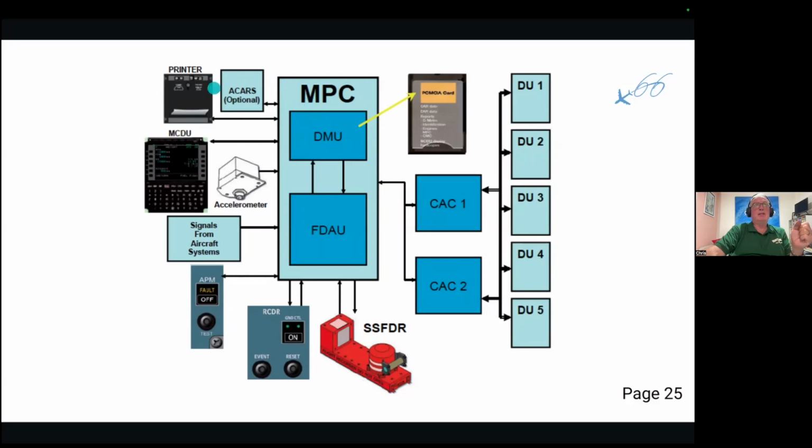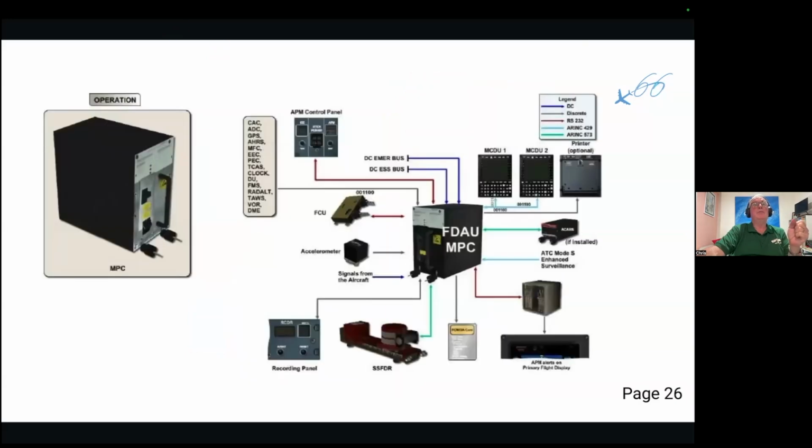It can also be printed. If you request to print it by the MCDU, the multi-purpose control display unit, you can print specific data if you're on the right page. So here we can see all the interfaces that the DFDR has.